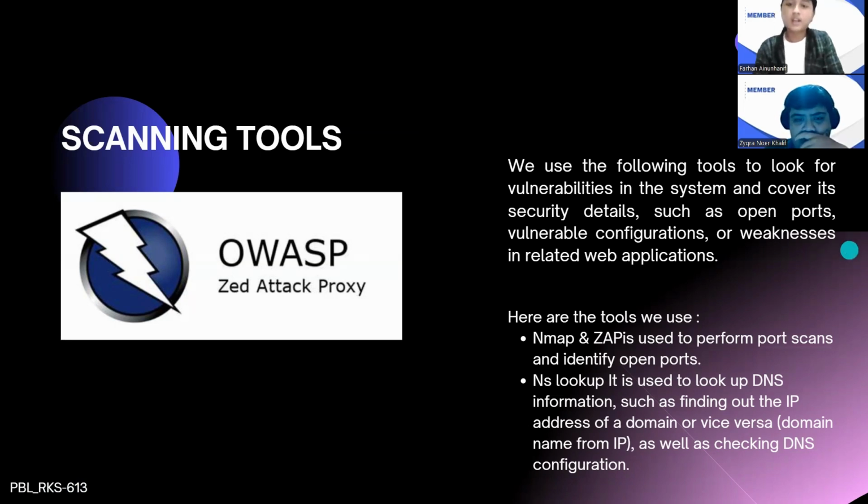The first one is Nmap and ZAP, used to perform port scans and identify open ports. The second one is NSLOOKUP. It is used to look up DNS information, such as finding out the IP address of a domain or vice versa, the domain name from an IP, as well as checking DNS configuration. The next will be explained by Firdaus Asman.